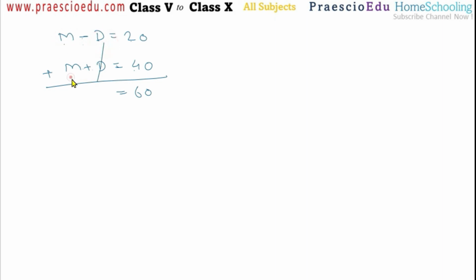So these two equations are given, so we will add these. In vertical manner, 20 plus 40 is 60, and minus D plus D will get cancelled, and M plus M is 2M, so M is equal to 60 divided by 2. Here 2 is in multiplication, so that will shift to the other side and become division. So M is equal to 30. So mother's age is 30, and this value we will put in either equation. Let's put it in M plus D is equal to 40.